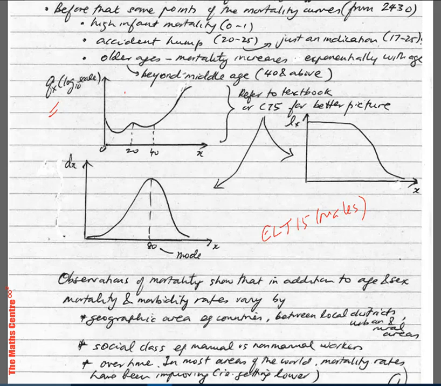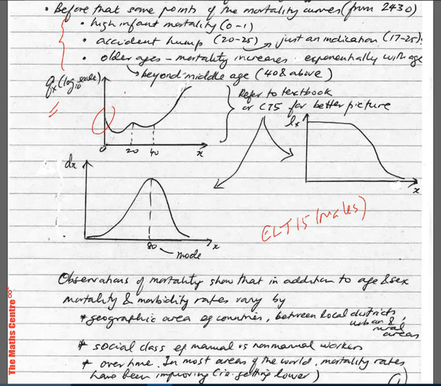This curve will remind us of what we have studied before, the main features of mortality curves. First thing, we have high infant mortality, say from ages 0 to 1. That's due to the fact that babies born with medical problems die soon after childbirth.